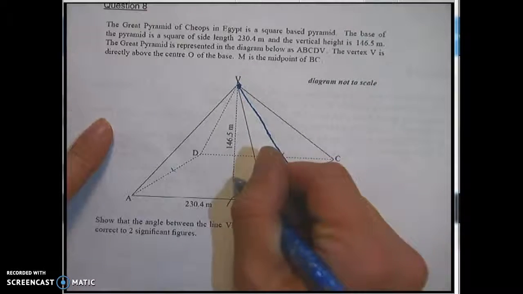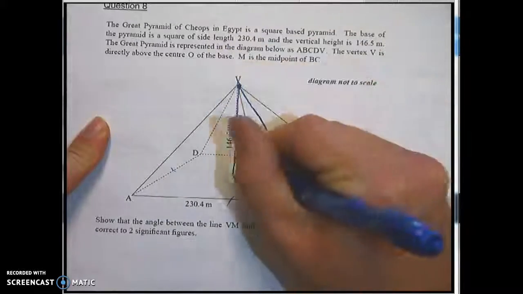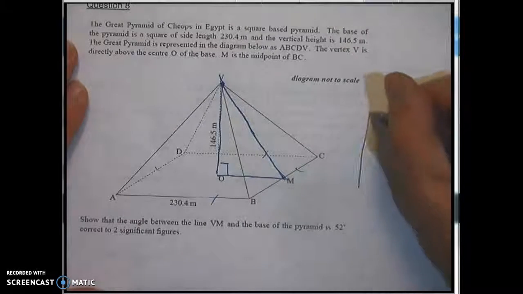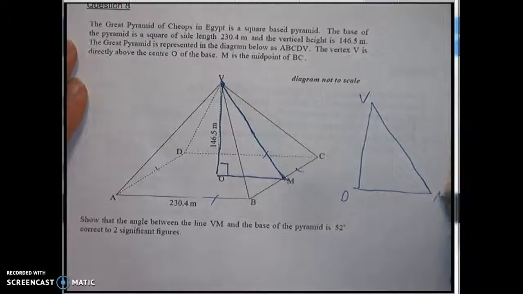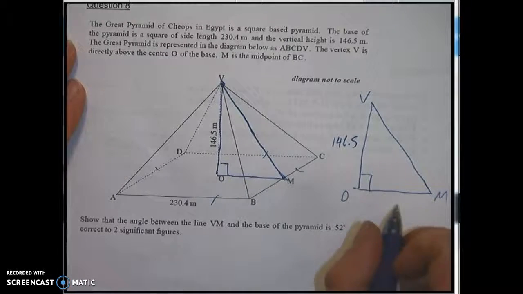So if I'm going to make this right triangle, the right triangle I want to make is this one right here. Now I'm just going to draw that right triangle off to the side so I can see it a little bit better. I've got my O, I've got my V, I've got my M. I've got a right triangle. I know this is 146.5. We actually know the length of OM as well.